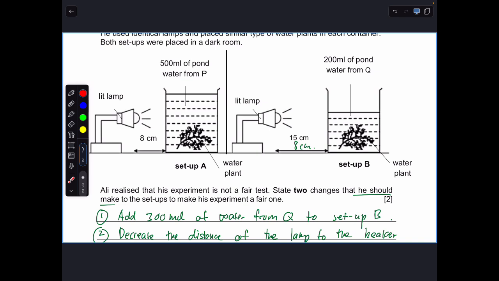That is only plausible if you have a boiling tube, and then you can actually measure the O2 that is captured. But in this experiment, you cannot, because once the bubbles go up, it will be lost.